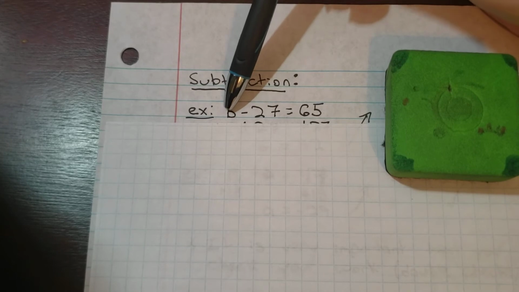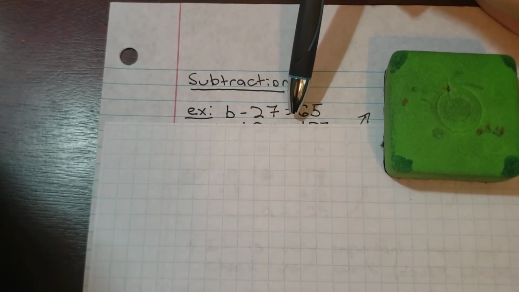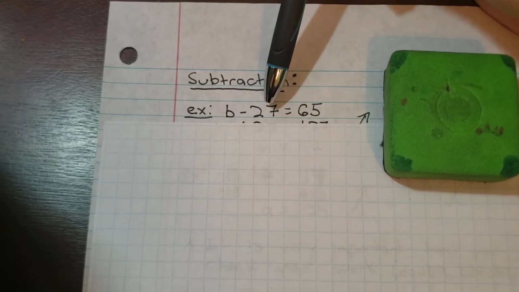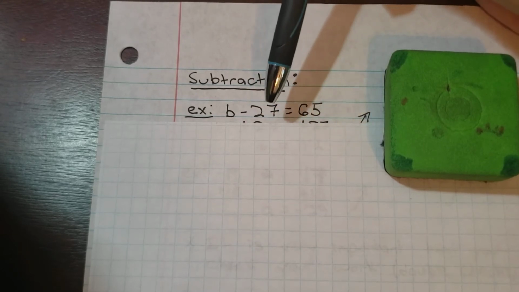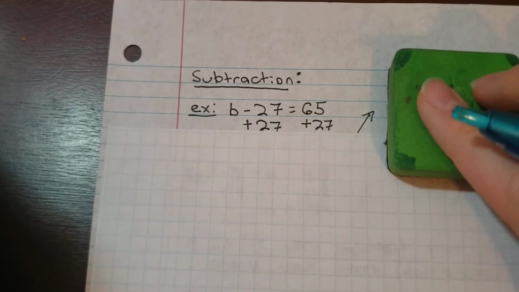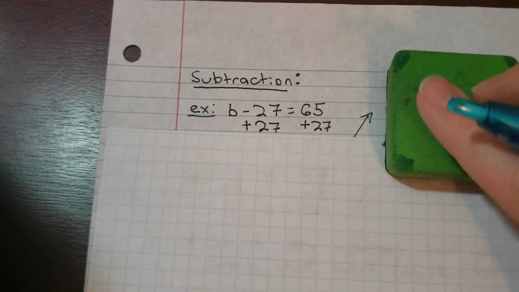So in order to get b all by itself on this side of the equation, I need to get rid of this guy. So I need to add 27 to this side of the equation. And what I do to one side of the equation, I have to do to the other. So I'm adding 27 to both sides of my equation.